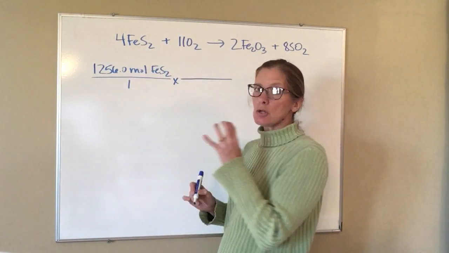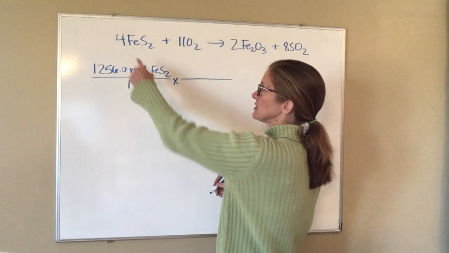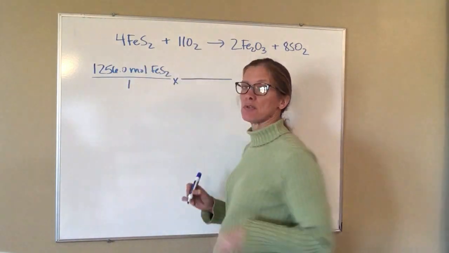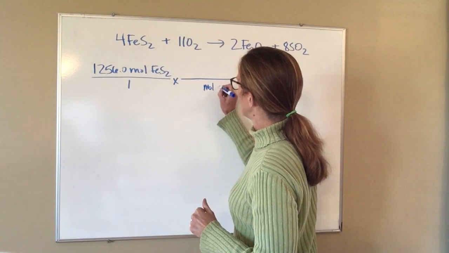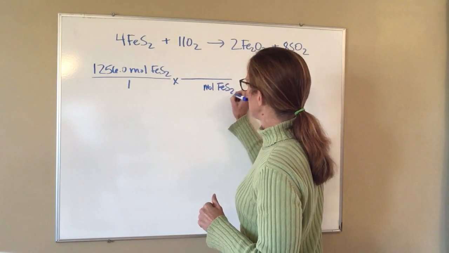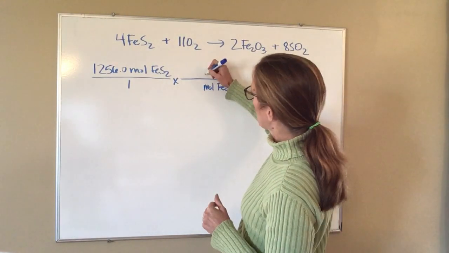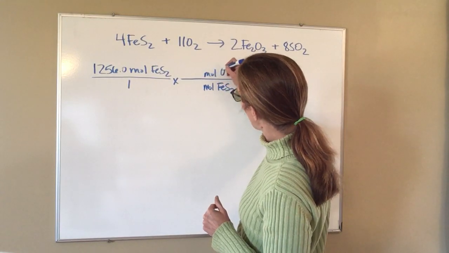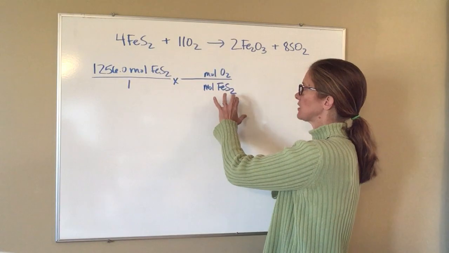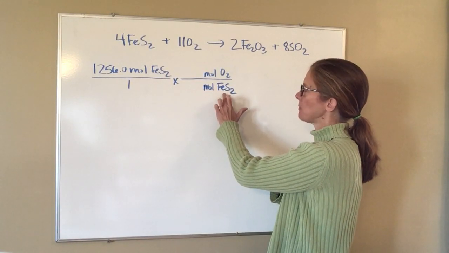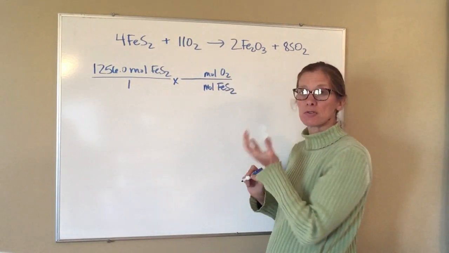So I'm not going to use 1, I'm going to use instead the coefficients that are in this equation. I'm trying to get rid of moles of FeS2, and I'm trying to find moles of oxygen. And again, you can tell this is different because I don't have the same compound both on the top and the bottom. Here they're different.